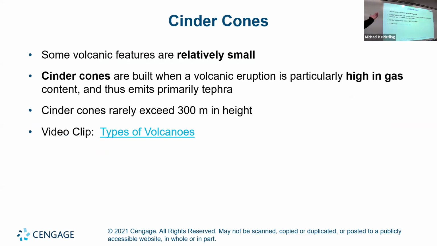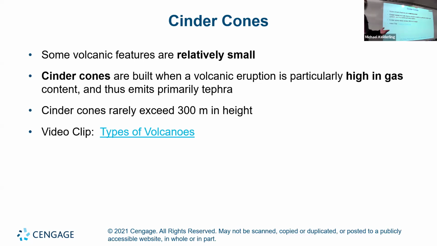Now, some volcanoes are relatively small. These are cinder cones. This happens when a volcanic eruption is particularly high in gas content and thus emits basically just tephra, ash, rocks and stuff, because everything cools down before it makes it to the surface. Cinder cones are relatively small.